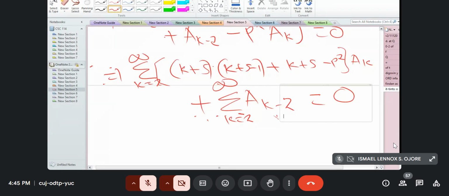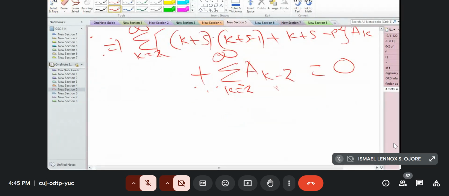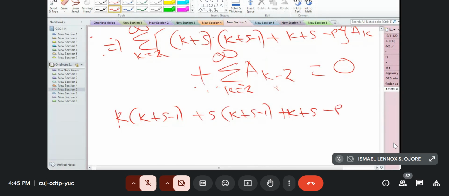Distribute the k plus s in the first bracket. You have k plus s times k plus s minus 1. What is k into k plus s minus 1 plus s into k plus s minus 1 plus k plus s minus p squared? We are having an ak outside, plus ak minus 2 equals 0.